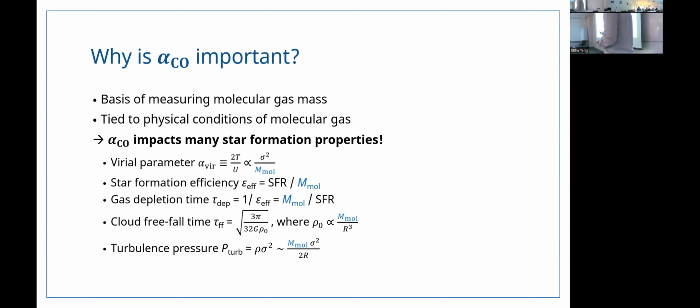But it is also important to realize that alpha CO not only affects the molecular gas mass, but also every star formation property that is inferred from the molecular gas mass. And this includes a lot. It includes even the Kennicutt-Schmidt relation I showed in the beginning. And here I'm also listing a few critical parameters that have been widely used in star formation studies, and you can see that all these parameters depend on the molecular gas mass.